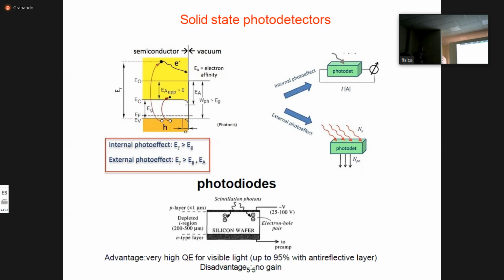You have to apply electric fields, of course, in order to collect your electric charge, but this field is not high enough to amplify the signal, and you don't have gain.